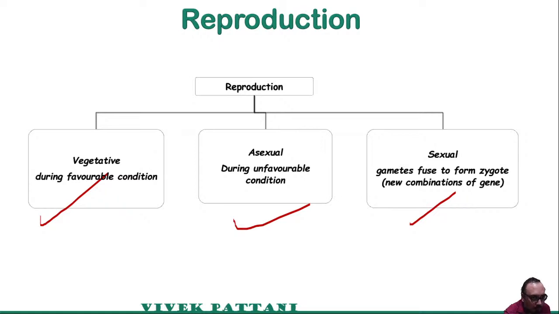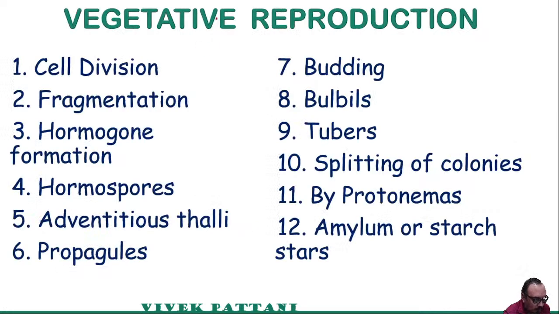Okay, now moving forward with the various types of vegetative reproduction. Basically vegetative type of reproduction in the case of algae includes several different types.